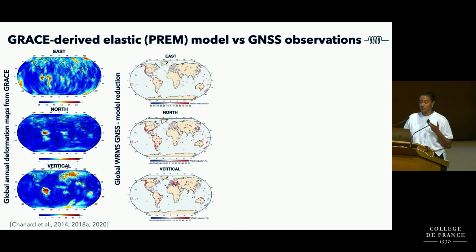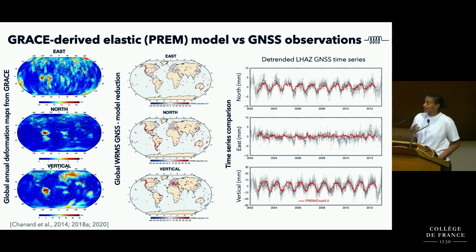And here you can see maps of the seasonal deformation of the model derived from the GRACE data, and you can compare this with global networks of GNSS data. And here, the redder you are, the closer the model derived from GRACE is to the annual GNSS observations. And so you can see that to first order, we match the vertical and horizontal deformations. But it's easier to look at a station, again here in Lhasa, the model in red that is completely independent from the GNSS observation and derives from the GRACE loading of the Earth.